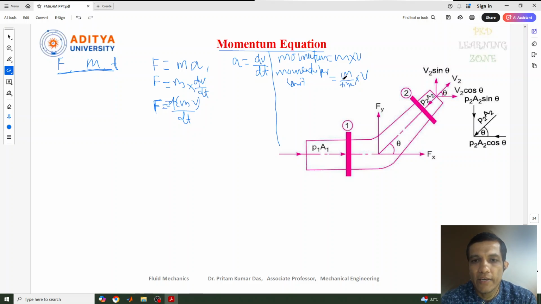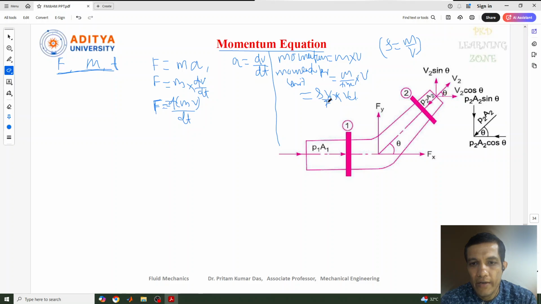Now this mass per time, we can write as rho into V, because rho equals mass by volume, so mass equals rho into volume. So we can write volume by time into velocity.